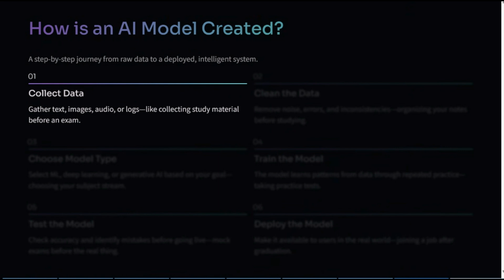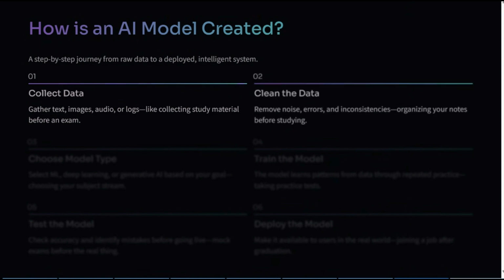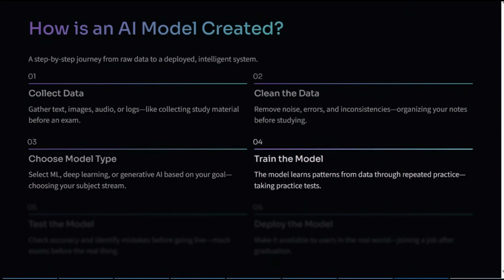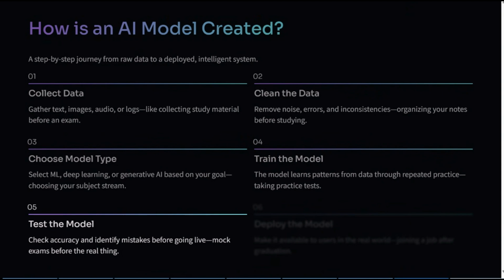We collect a lot of data. We clean the data. Now we choose the model type, whether it should be ML, deep learning, or generative AI, based on whatever goal we want to achieve. And then we start training the model, with the many variants of training available.